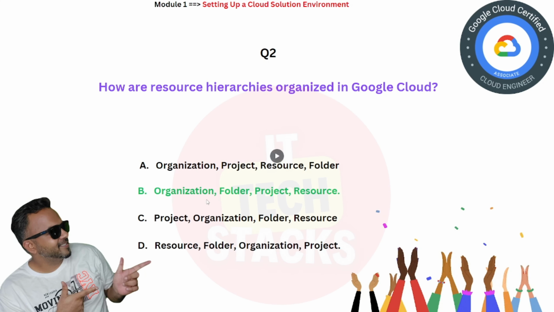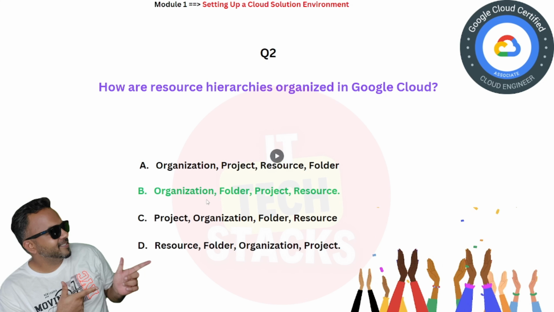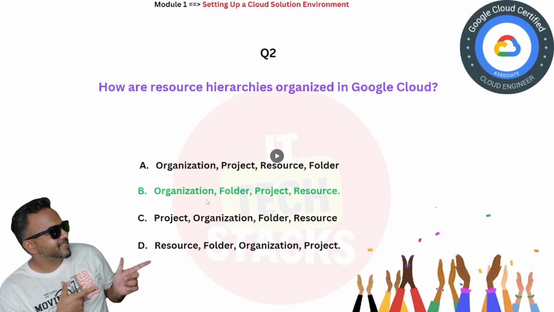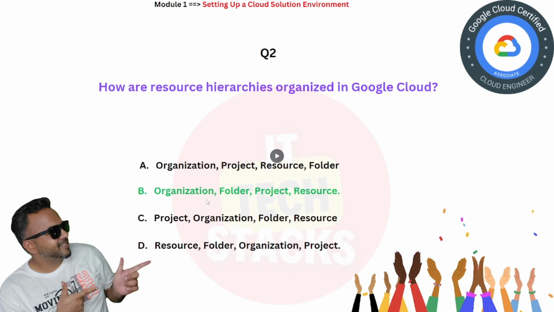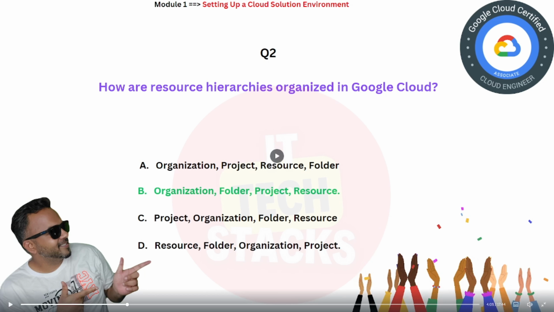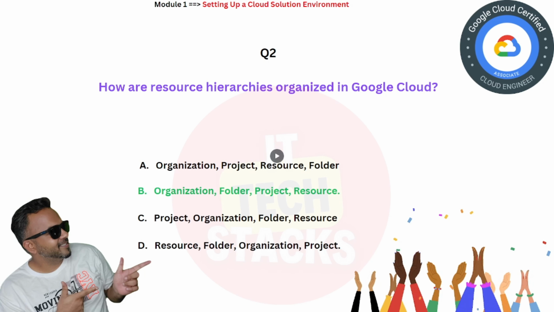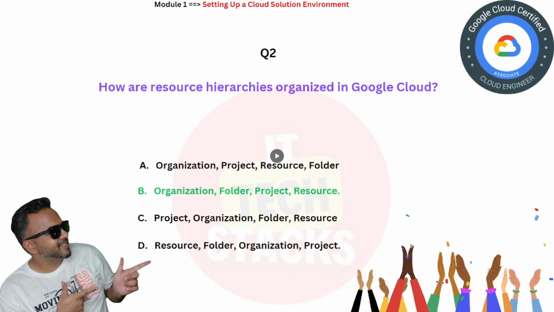The correct option is organization, followed by folder, then project, and then resources. Those who selected B as the correct option, congratulations.